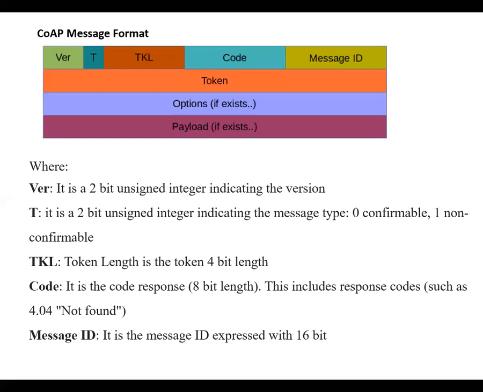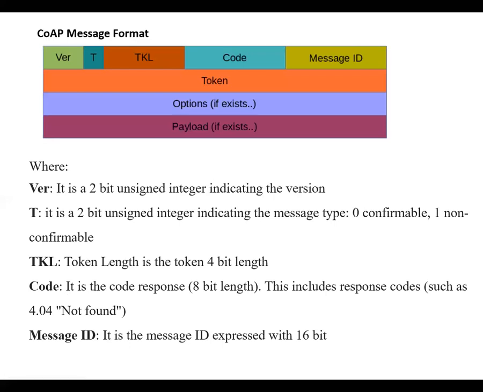And TKL is the token length, the token is 4 bits in length. So there we store the token length. And the code, it is the response code, 8 bits in length.